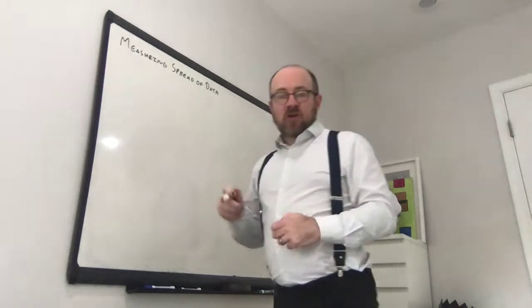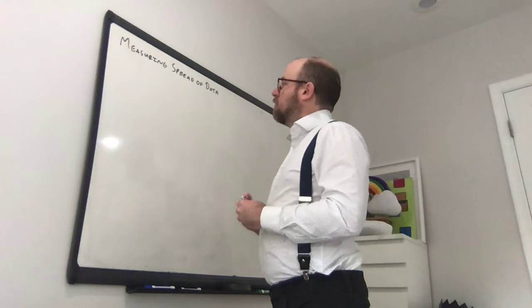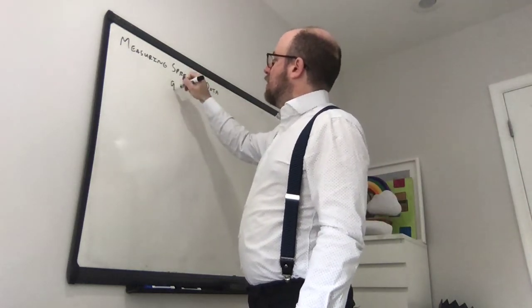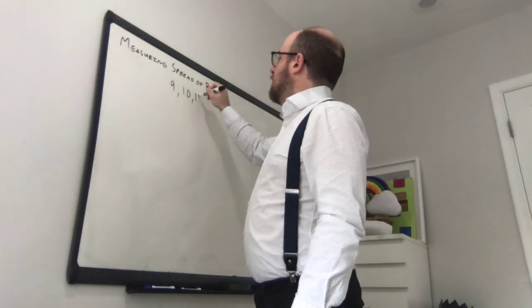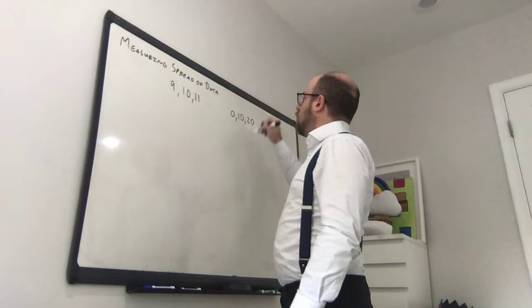In this lecture, we're going to talk about ways to measure how spread out data is. If you think about a data set, you could have two different data sets that have the same mean. For example, if you had the data points 9, 10, and 11, or the data points 0, 10, and 20.